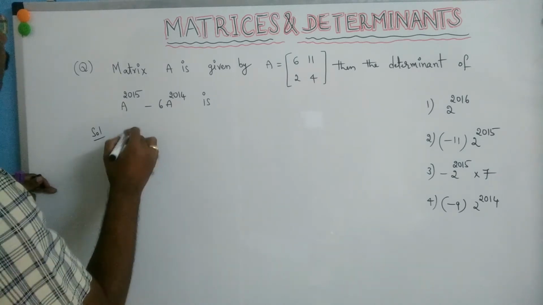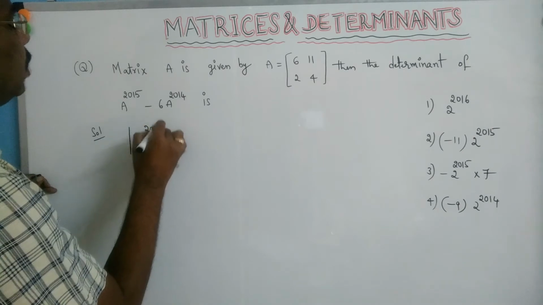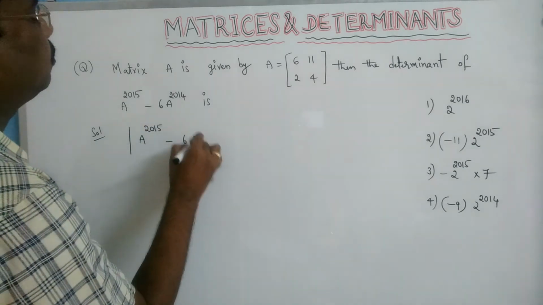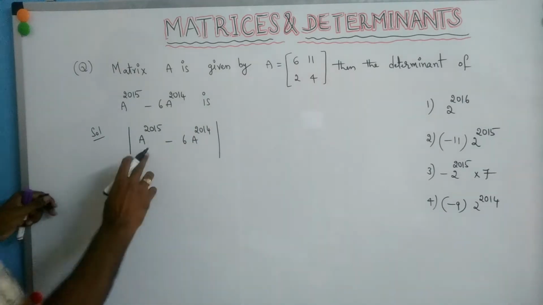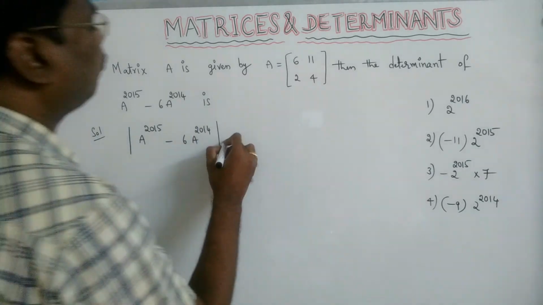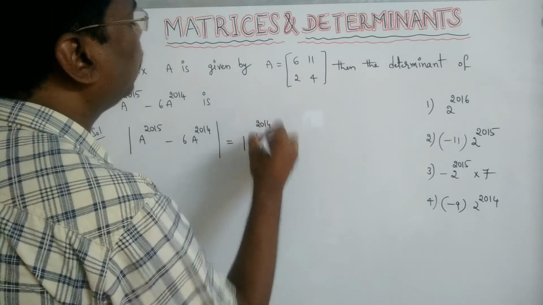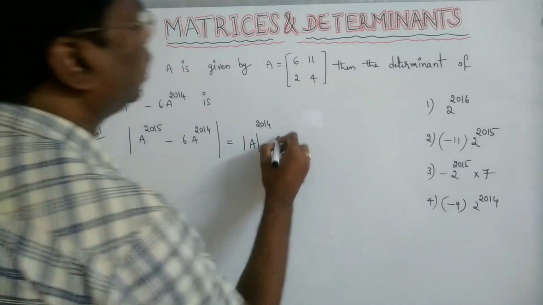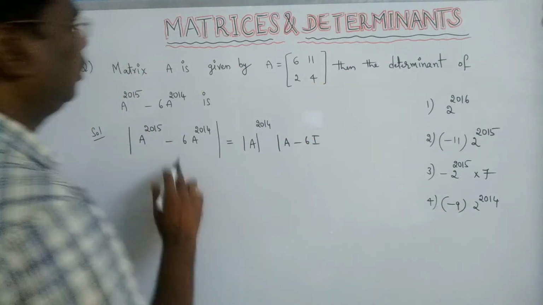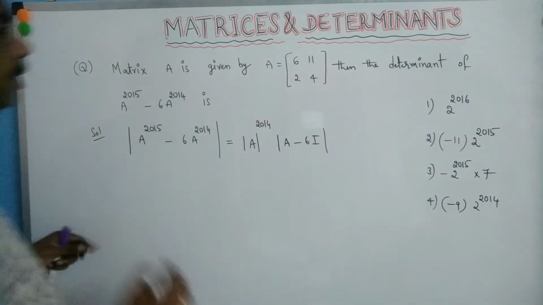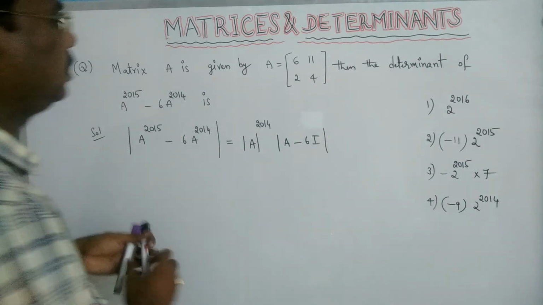Okay, now take A power 2014 common: det A power 2014 into det of (A minus 6I). Now find det A value and also det of A minus 6I.